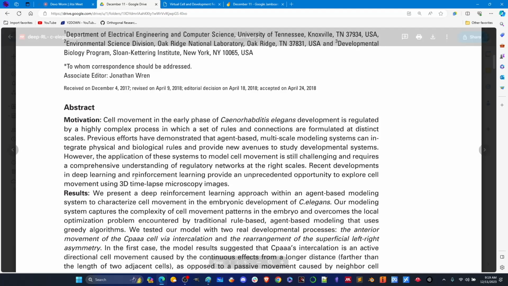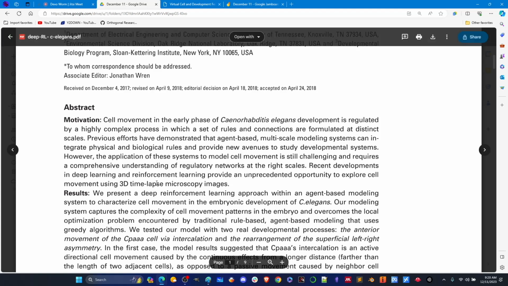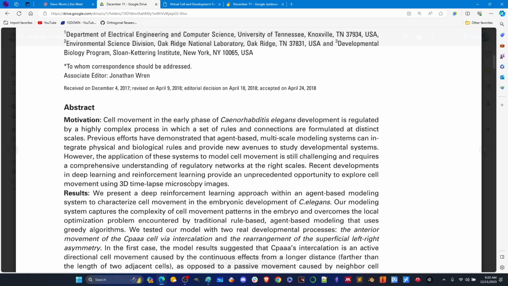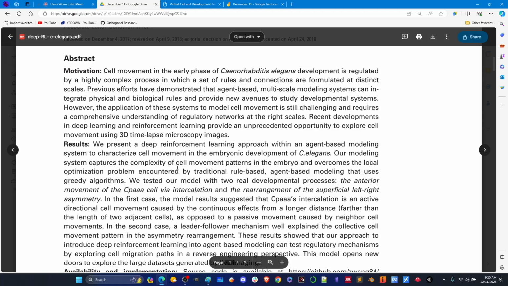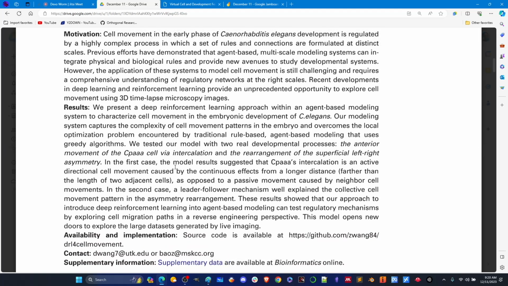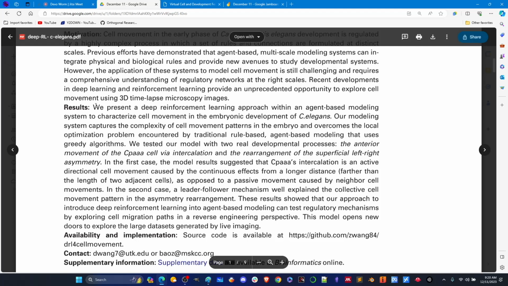Recent developments in deep learning and reinforcement learning provide an unprecedented opportunity to explore cell movement using 3D time-lapse microscopy images, which is what Zhirong Bao does a lot of. He's got a lot of experience in acquiring those and analyzing those for different types of molecular signals.